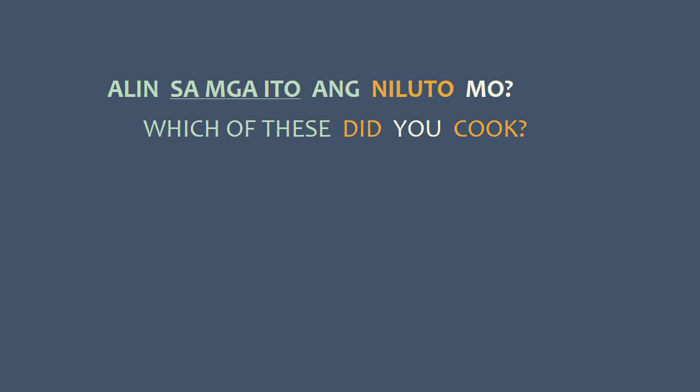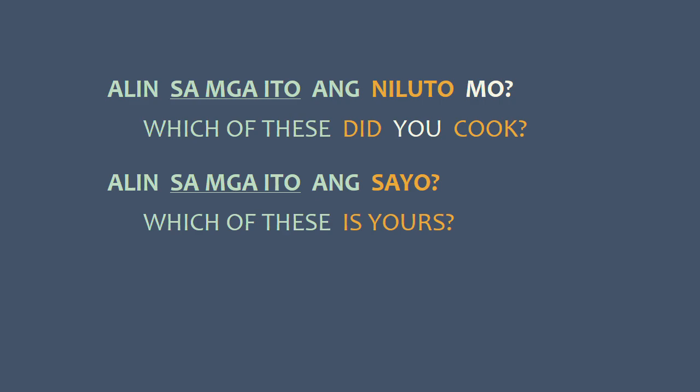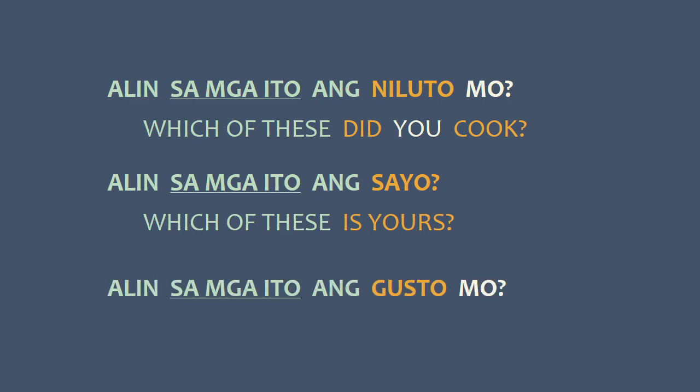If you look at the sentence, there is still the word ang after alin sa mga ito. Okay? Isa pang halimbawa, alin sa mga ito ang sayo? Which of these is yours? Alin sa mga ito ang gusto mo? Which of these do you like?